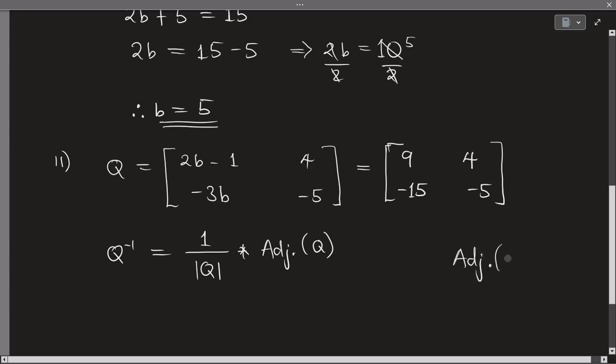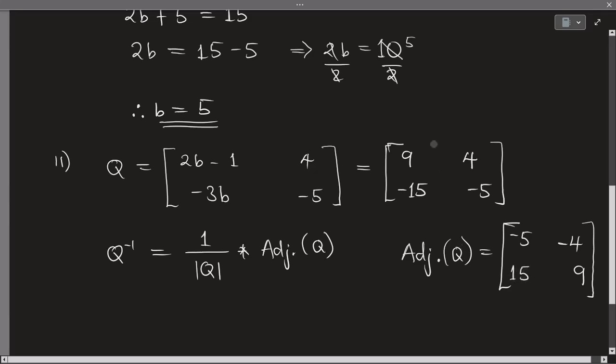The adjoint of Q is found by swapping the elements in the major diagonal. So we swap this 9 and the negative 5 like this. Then we have a negative 4 and a positive 15.